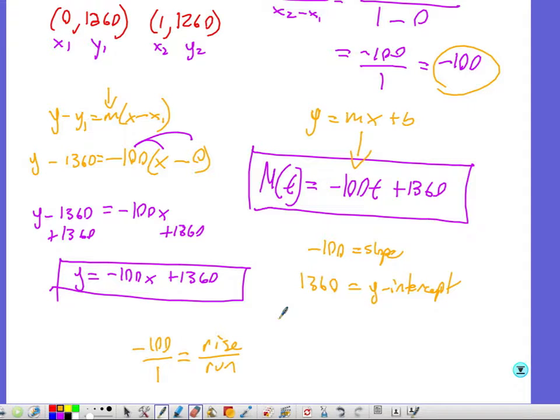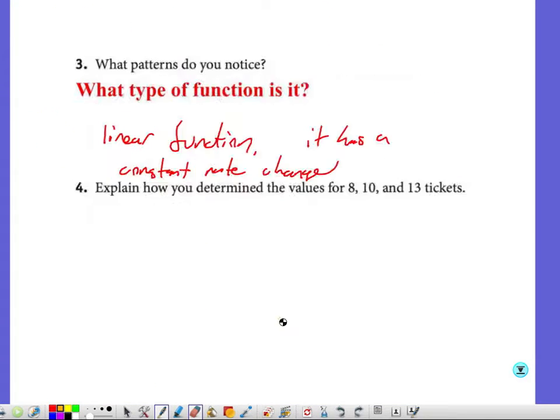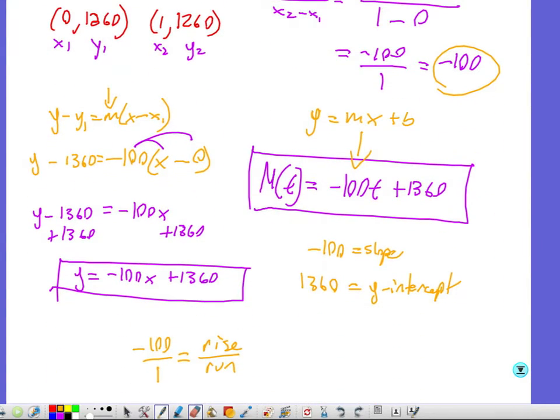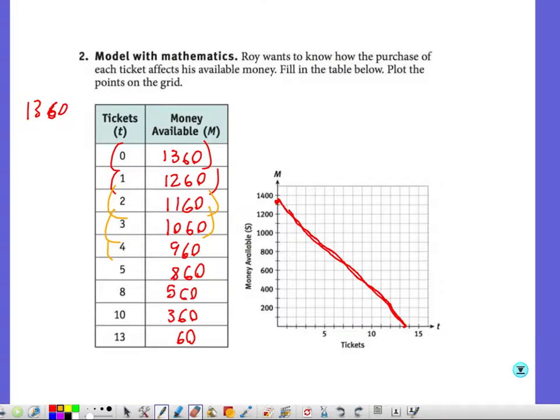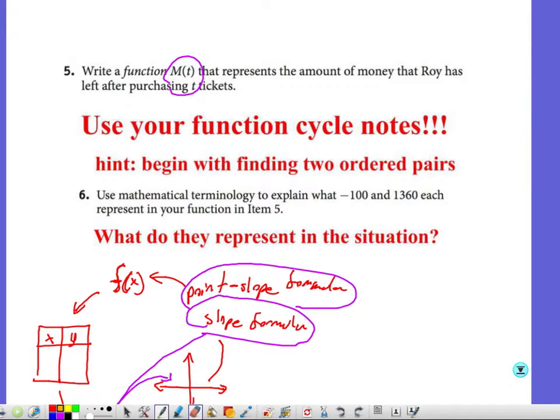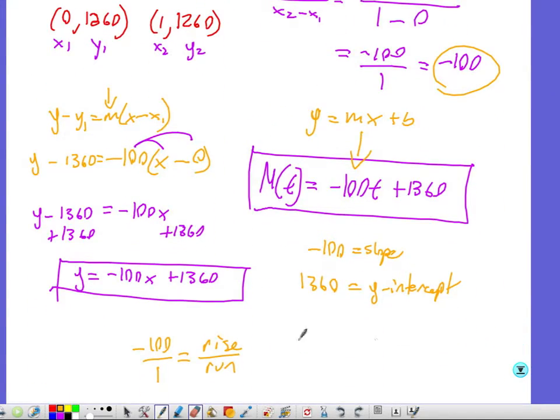Now, what does the slope represent in this situation? Well, let's go back to our graph. When we talk about rise, that means that we're moving along the y-axis. You're either going up or you're going down. And notice the units here for the y-axis: money available. So instead of writing rise, I'm going to write money available.